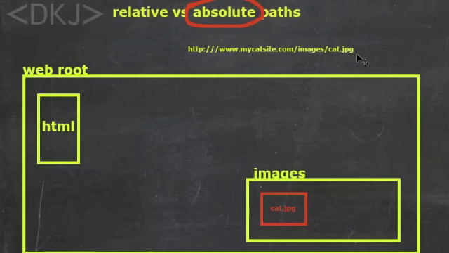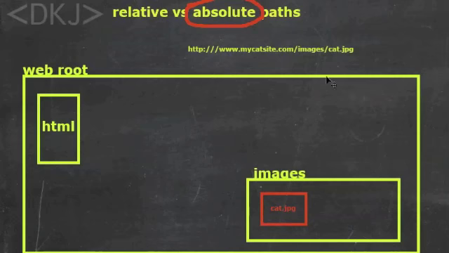mycatsite.com/images/cat.jpg. What this basically says is that mycatsite.com, this address here, points to our web root. Then, slash, after that we're going to have the name of the file we want to display, or the name of the folder in which that file is stored. In our case here, cat.jpg is inside of the images folder.